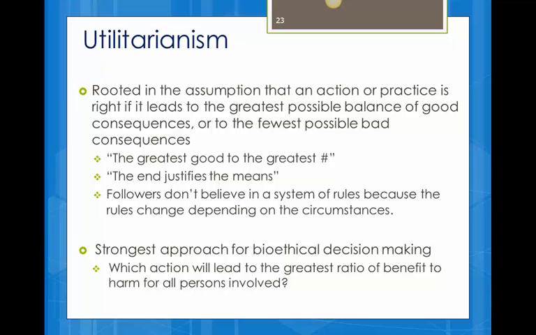So the patient who's in the greatest need of medical care is often taken before the lesser patient. Okay? We also know that this is really the strongest approach to bioethical decision making, because just like I said, which action will lead to the greatest ratio of benefit to harm for all people involved?